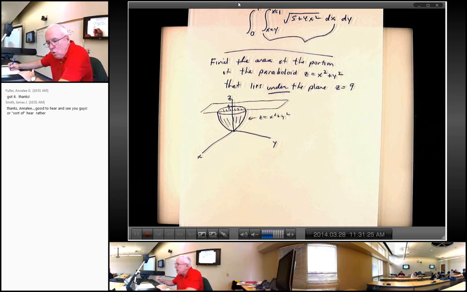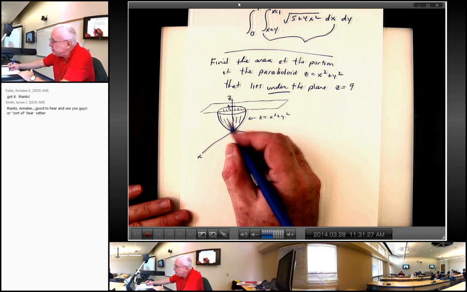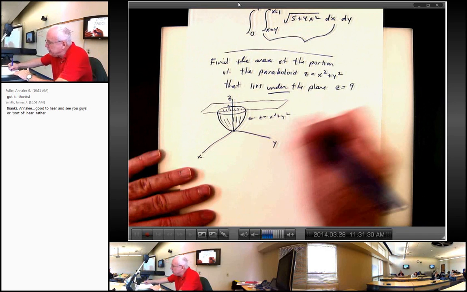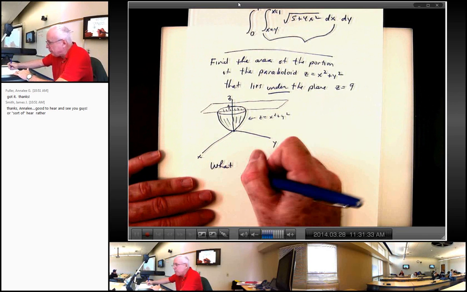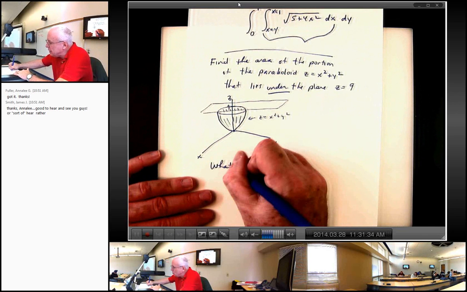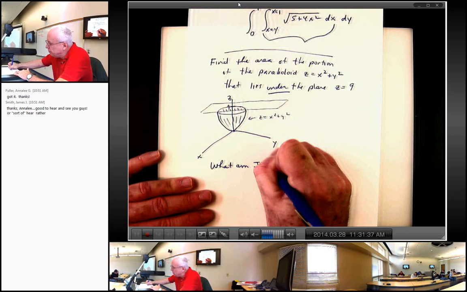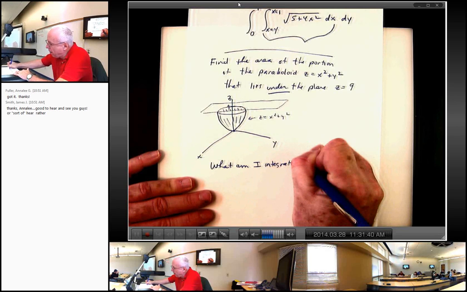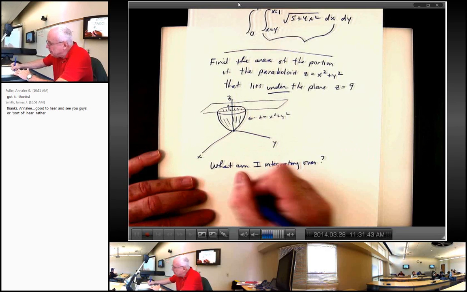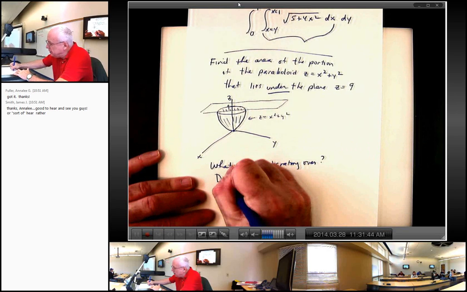Now, what we have to figure out with these things is, what am I going to be integrating over? And that happens with practically all of these problems. What am I integrating over? We need to, again, draw the D picture.